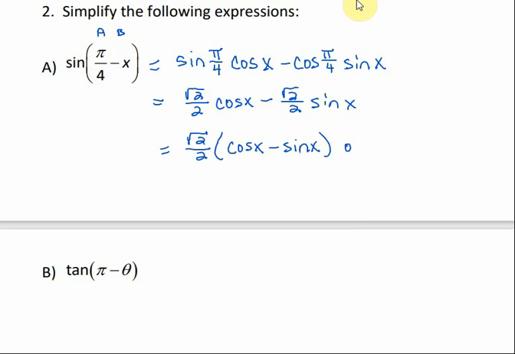Or if you wanted to write it like this, square root of 2 times the cosine of x minus square root of 2 times the sine of x, since they have a common denominator, over 2, and make it one term, you could write it like that also.